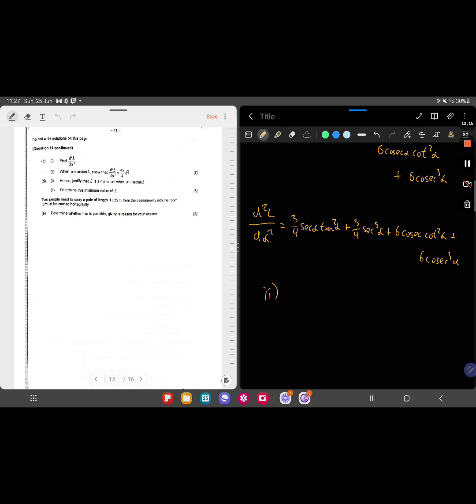Factor sec out. Let me try to get this in terms of tan, because tan of arctan just gives whatever the angle is.